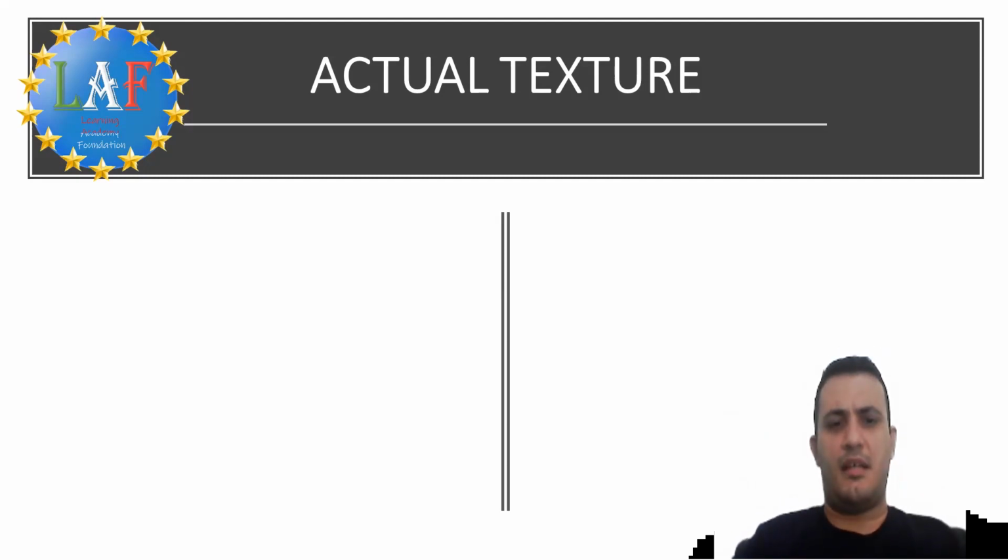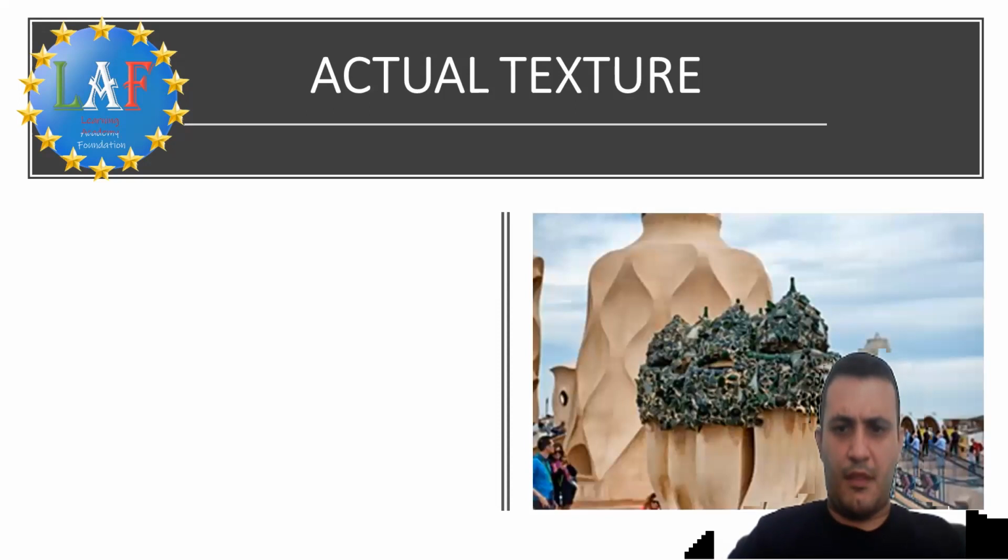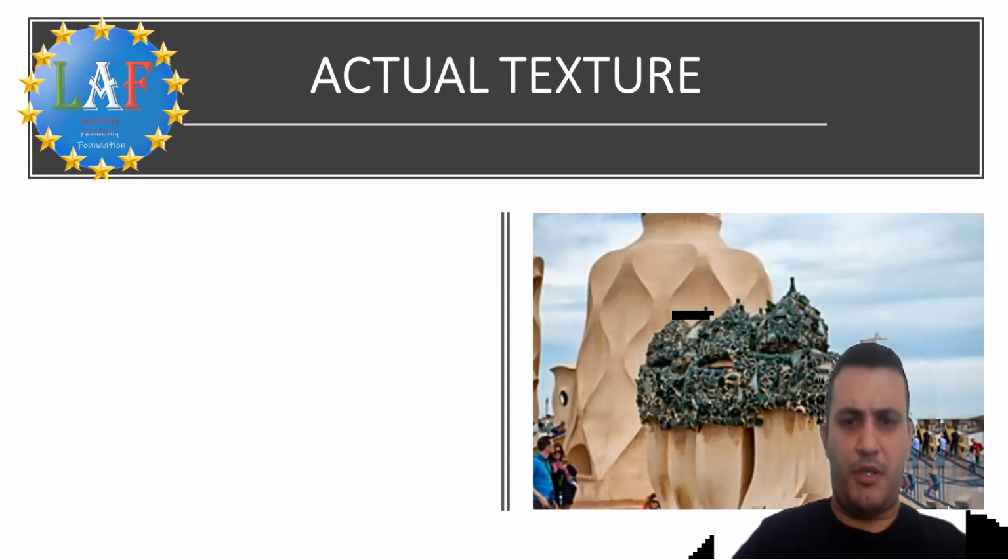Actual texture is the result of the materials used and the artist's or designer's techniques. Let's see some examples. The roof of Casa Milà by Antoni Gaudí in 1912 features sculptural chimneys in a variety of textures. Organic forms made of limestone create smooth flowing shapes.